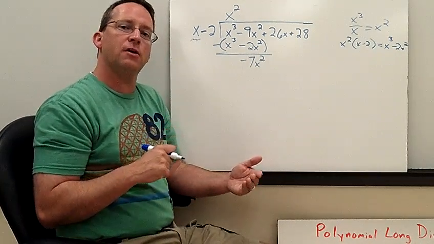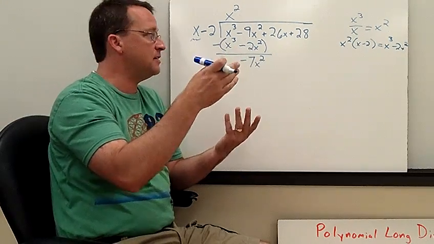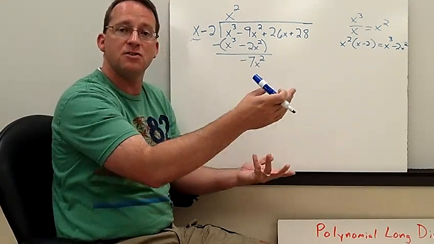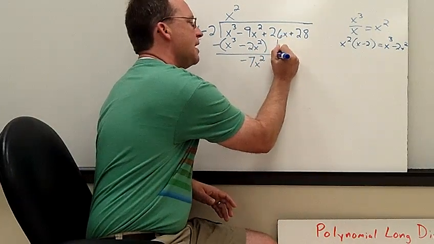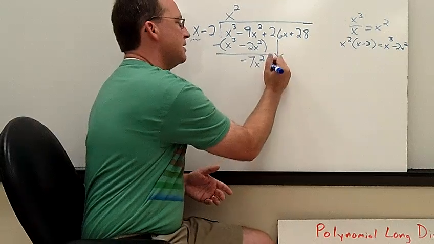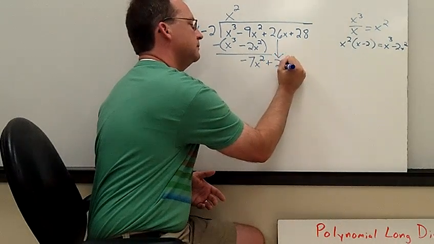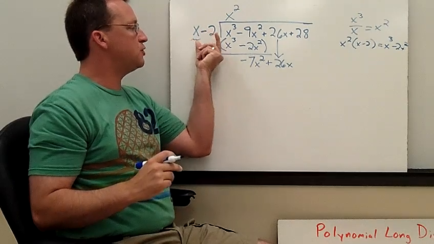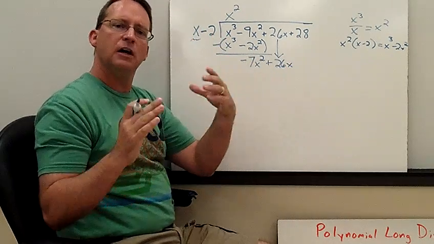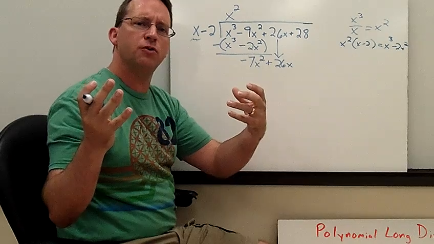Just like with the regular numbers, our next step is to take the next term, or the next number in the last one, drop it down, and repeat this process. Right? So now we want to figure out how many times x minus 2 goes into this expression. Again, just worry about the largest degree terms.